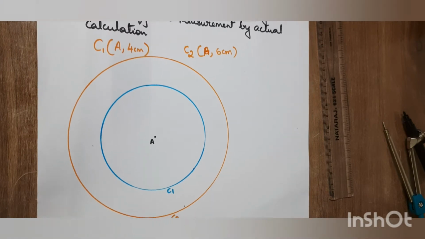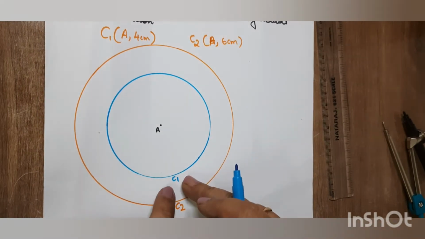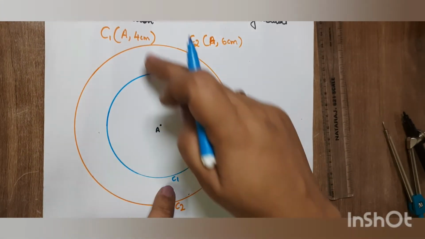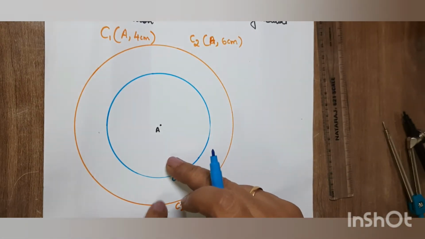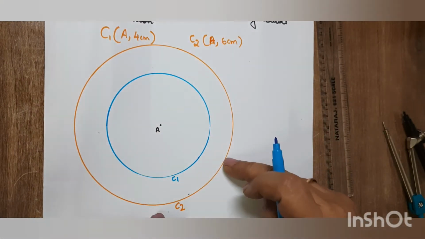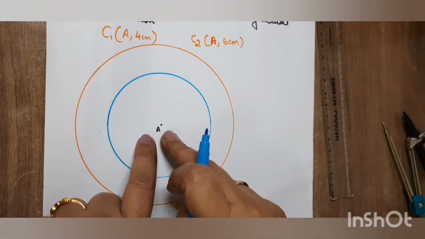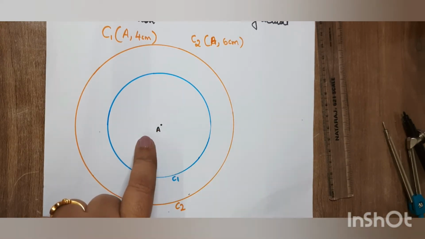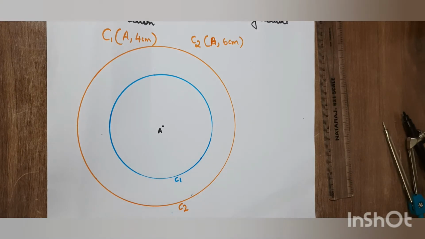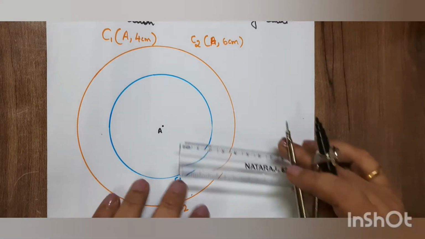So the radius here is 6 centimeters. I have drawn already here C1. This circle is of 4 centimeters radius and the bigger one is 6 centimeters. Here, this is the common center from where you have to draw the circles. Now moving on here.